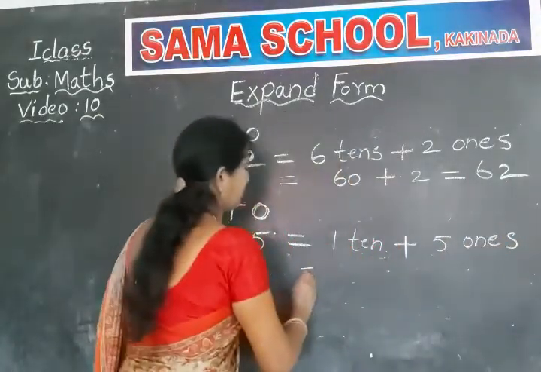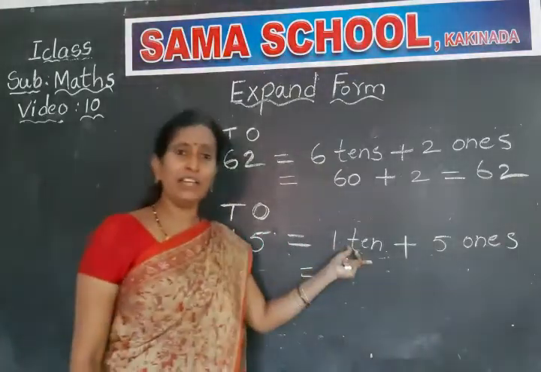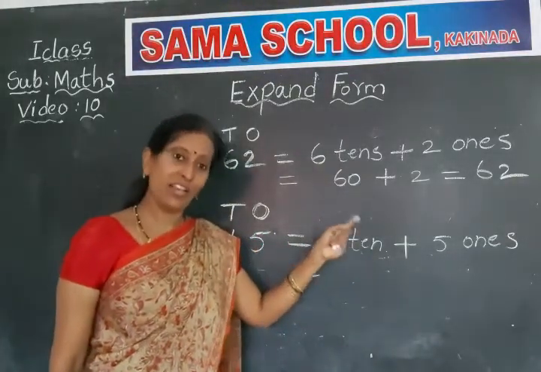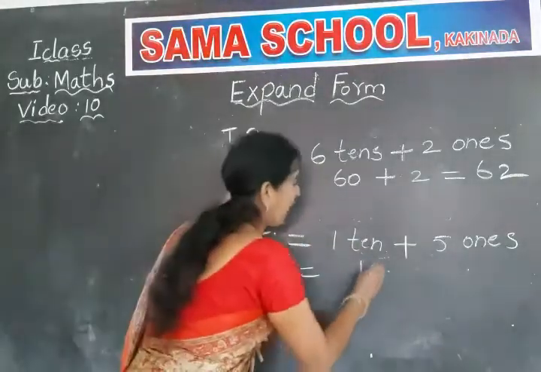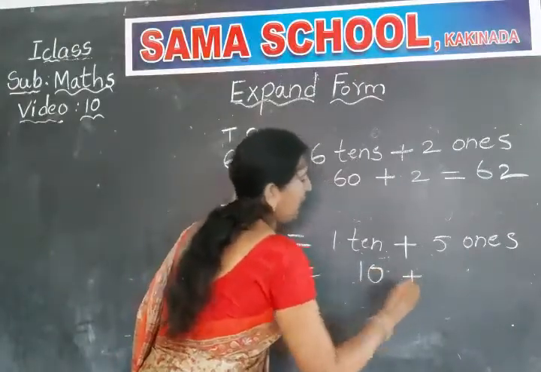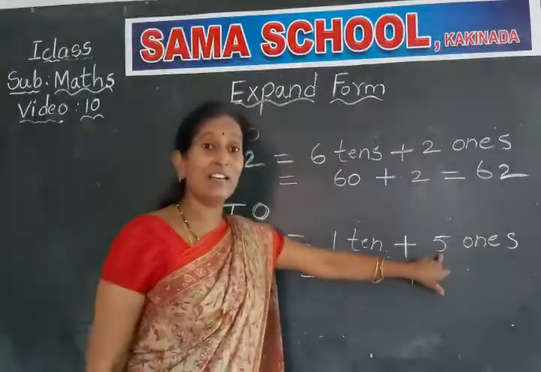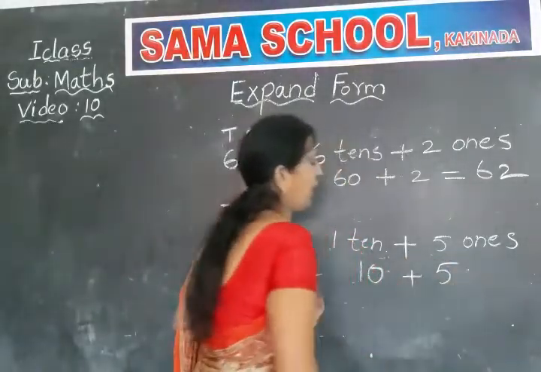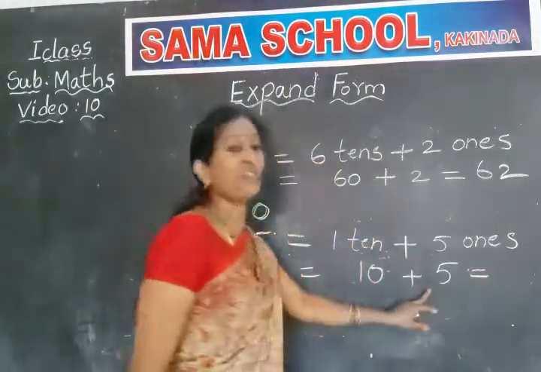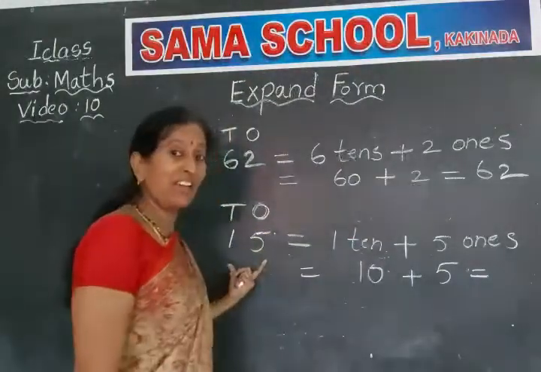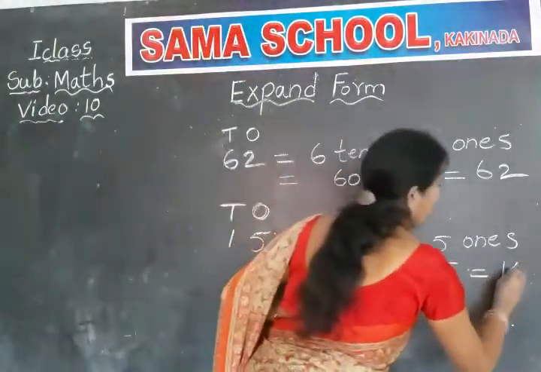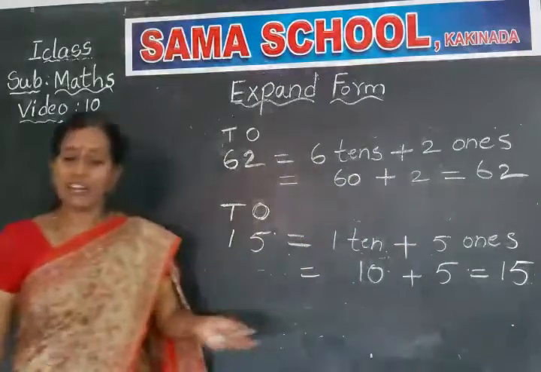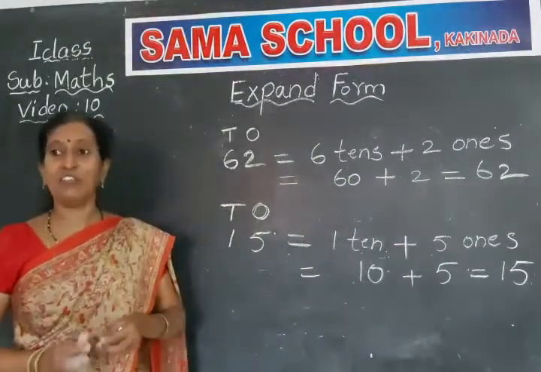Now 1 ten means only 10, so you write it as 10 only. Plus here how many ones? Only 5 ones, so only 5. Now 10 plus 5, 15.